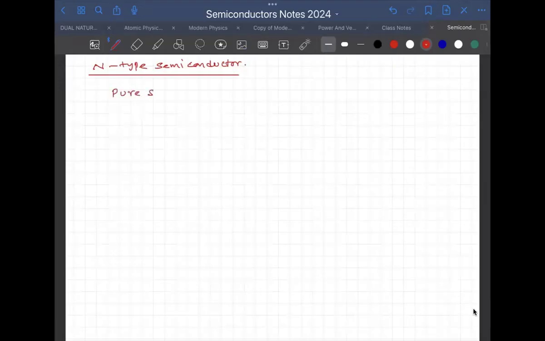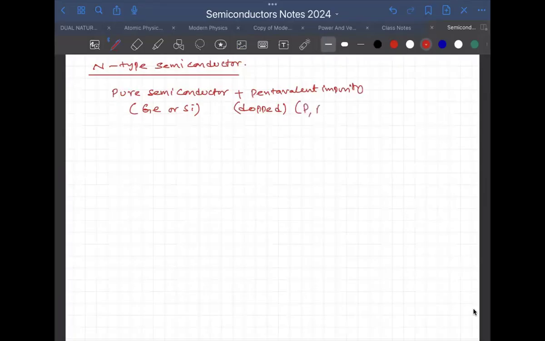A pure semiconductor like germanium or silicon doped with a pentavalent impurity. Again, what are they? Phosphorus, arsenic, antimony, bismuth, etc. You will get an N-type semiconductor.